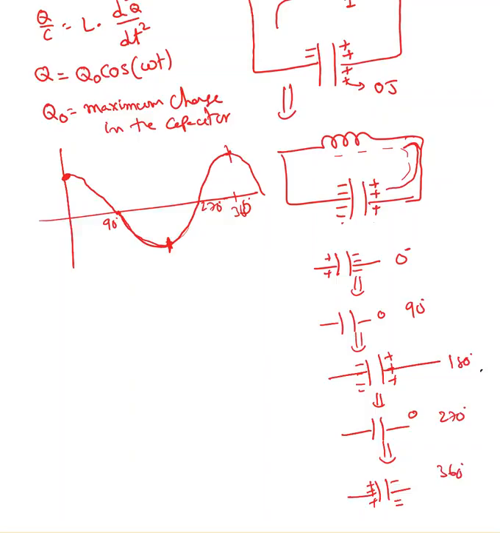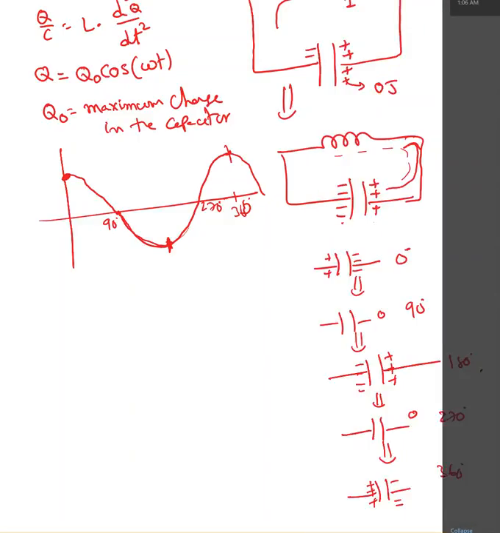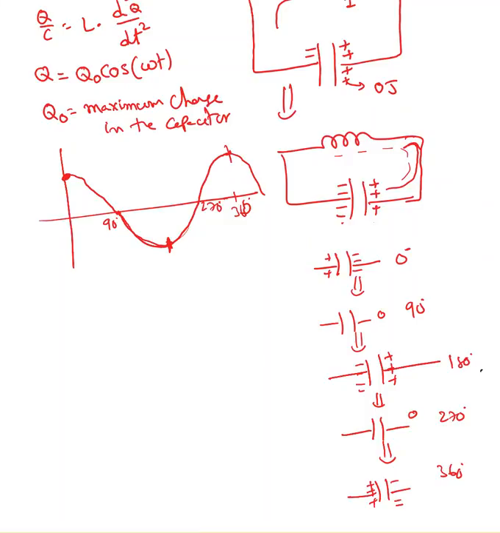So during that time, the charge across the capacitor. Now if I substitute the q value in there, I have d square of q naught cos omega t over dt square equal to, I'm going to bring this L to the other side, and we end up with 1 over LC times q, which is q naught cos omega t.